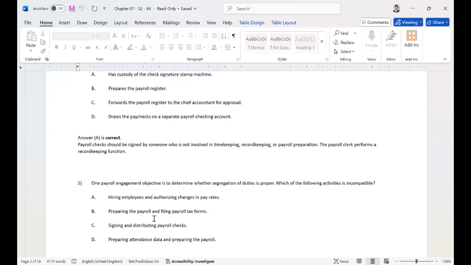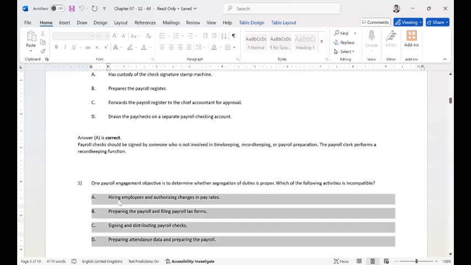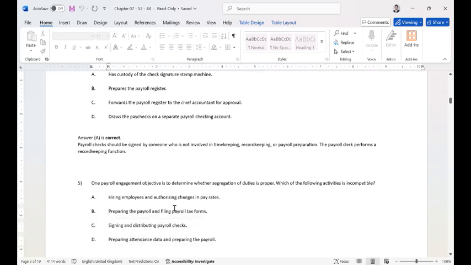Question number 5. Hiring employees and authorizing changes, preparing the payroll and filing tax returns, signing and distributing. Yeah, that would be one. Signing and distributing.